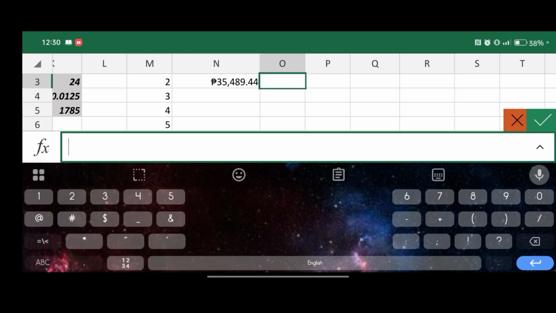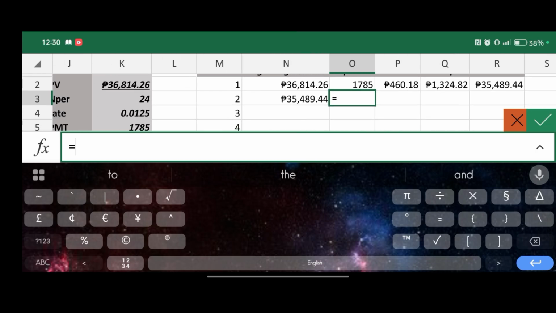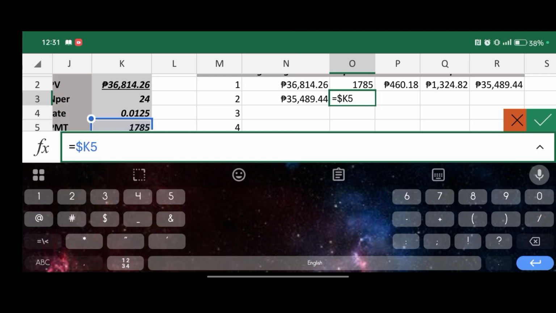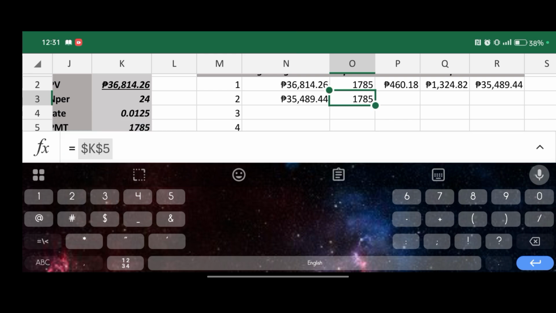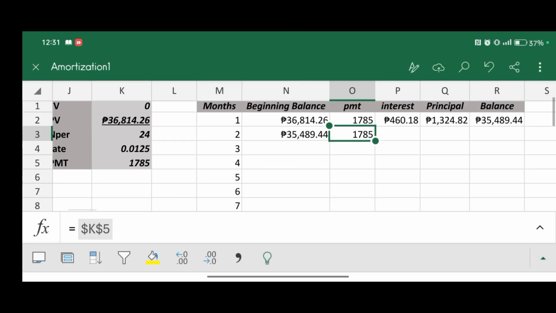So equal sign, then the PMT, then let's put the dollar signs: a dollar sign before the K and then after the K, 1. So enter. Next, the interest.